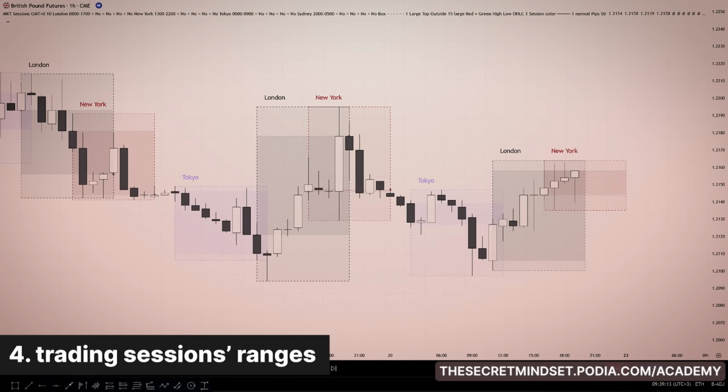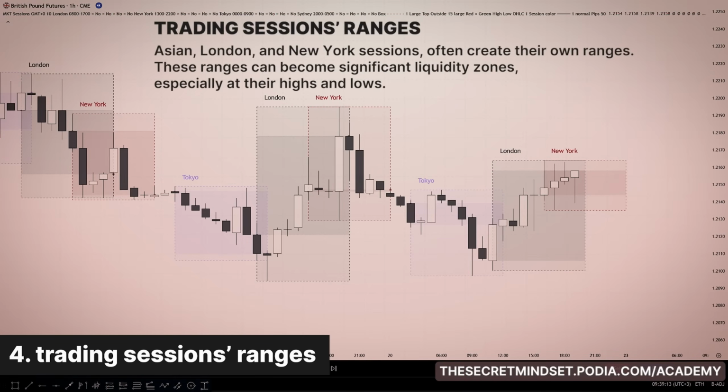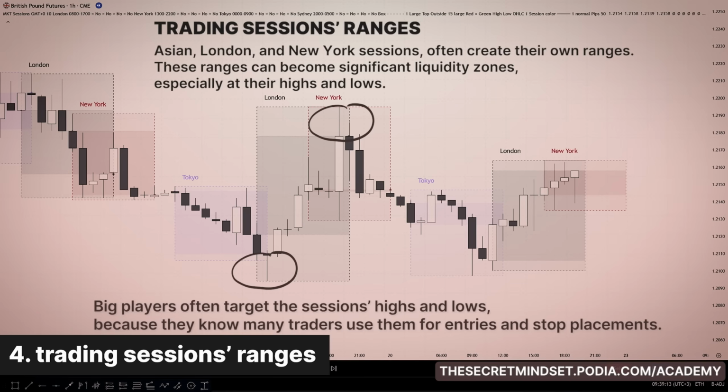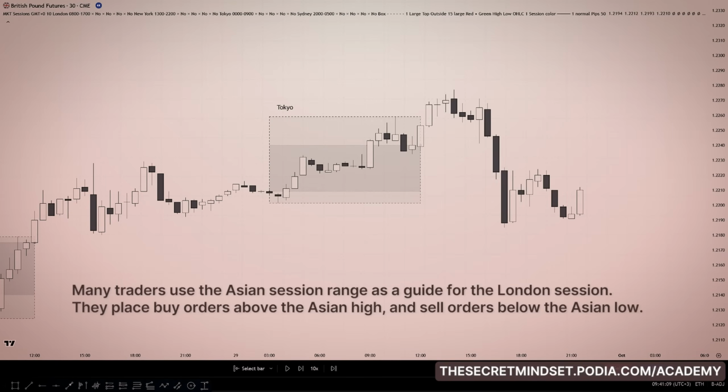Trading sessions, particularly the Asian, London, and New York sessions, often create their own ranges. These ranges can become significant liquidity zones, especially at their highs and lows. Big players often target the session's highs because they know many traders use them for entries and stop placements. For example, many traders use the Asian session range as a guide for the London session.